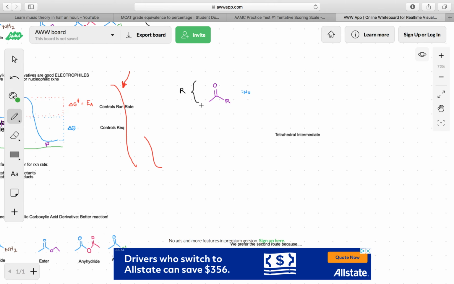So we have our carboxylic acid derivative here. R can be whatever that we did above, and we have a nucleophile. Our nucleophile is going to attack this electrophilic center, push up the pi bond, and what that's going to give us is a tetrahedral intermediate.